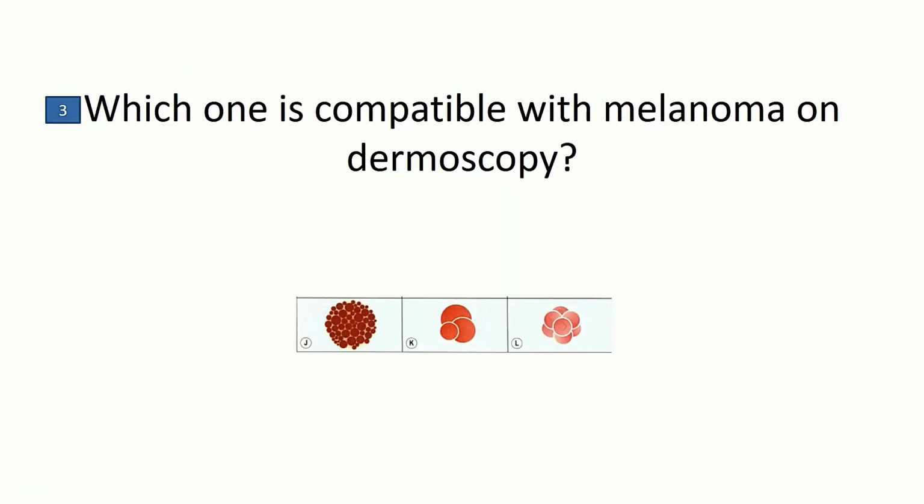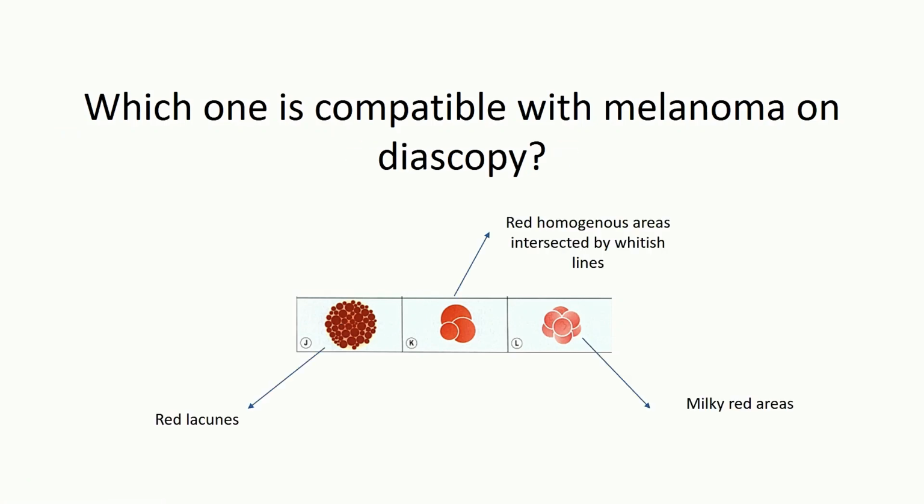Which one is compatible with melanoma on dermoscopy? As said before, dotted pattern is indicative of melanoma. Here we have red lacunes that is indicative of hemangioma.